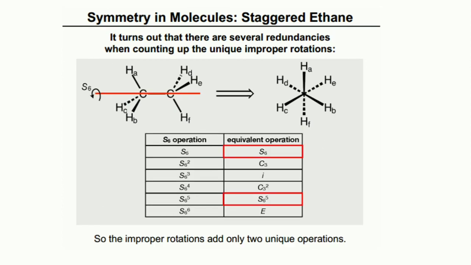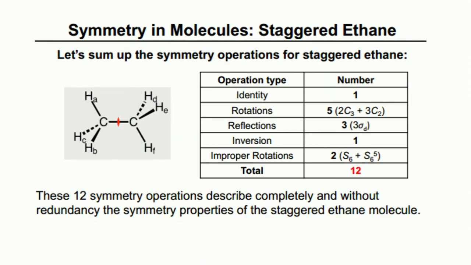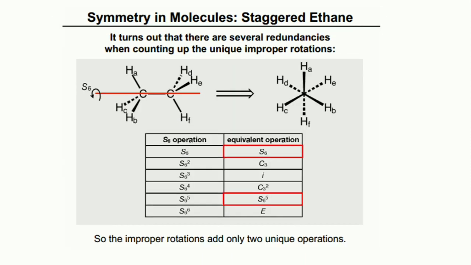So here is the complete description of the staggered ethane molecule. There are some operations, S6 operation, which is equivalent to another symmetry element. For example, S6 has no clash with the other symmetry operations or elements, but S6 twice, as I already told you, clashes with the C3.